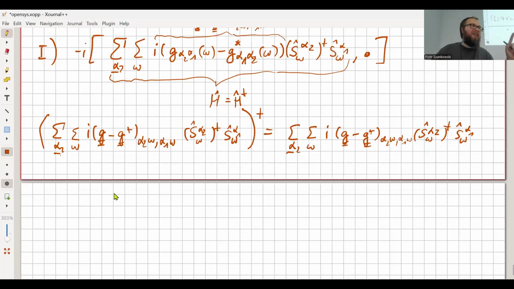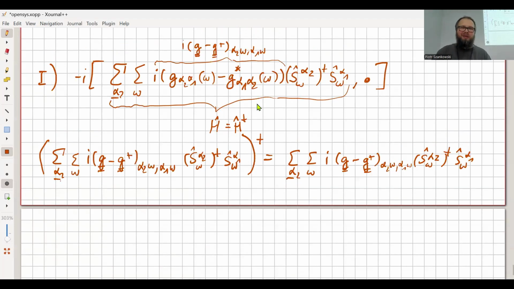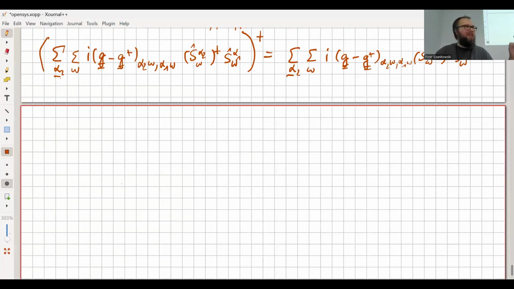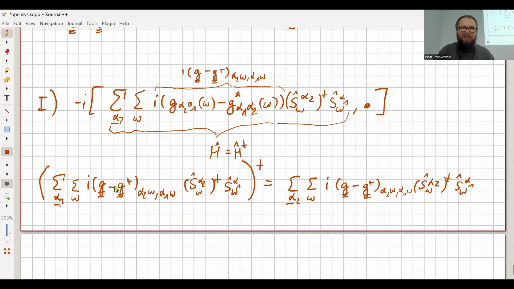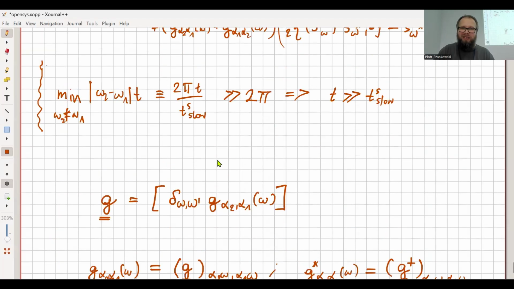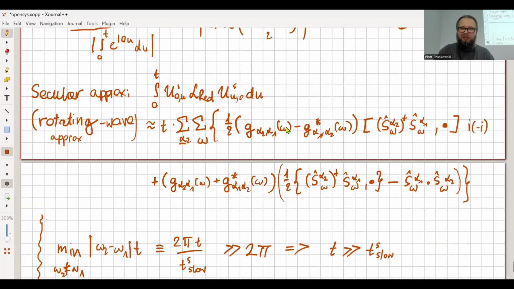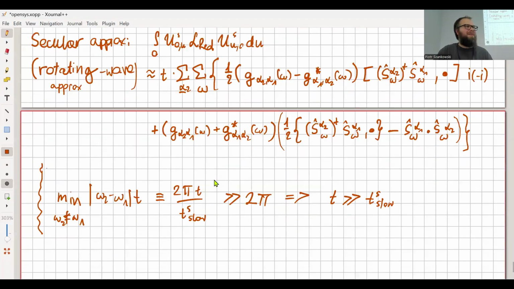Because if you remember, GKLS form had one of the operators that had to be Hermitian. This will be this operator actually. But there was the other thing. There was this matrix that had to be positive semi-definite. So we covered here the difference between G and G dagger, and now we have a sum.